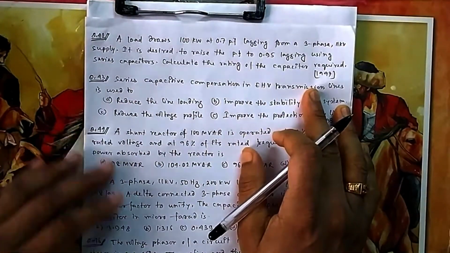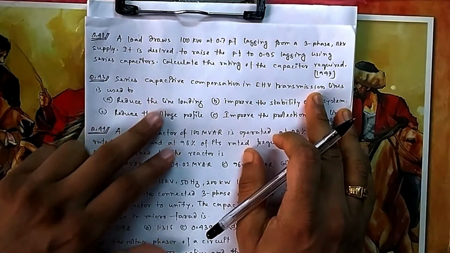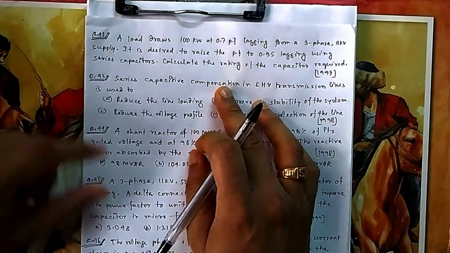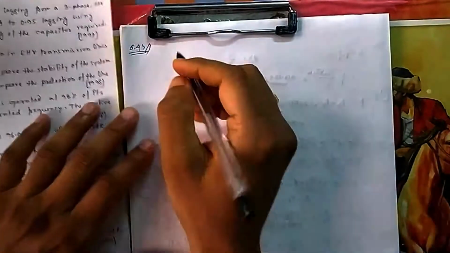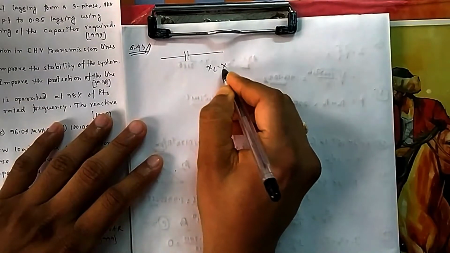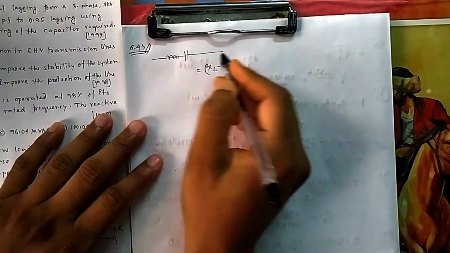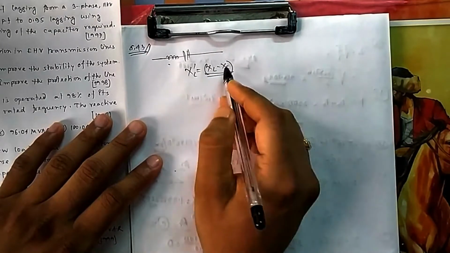Series capacitive compensation in extra high voltage transmission line is used. In an extra high voltage line, you will see there are two types of compensation. One is series compensation, one is shunt compensation. Series compensation is mainly done to nullify the effect of that XL directly, because if you are adding capacitance in series, it will directly reduce your XL. There are series inductors, so if you add capacitance, then XL gets reduced, net XL dash.